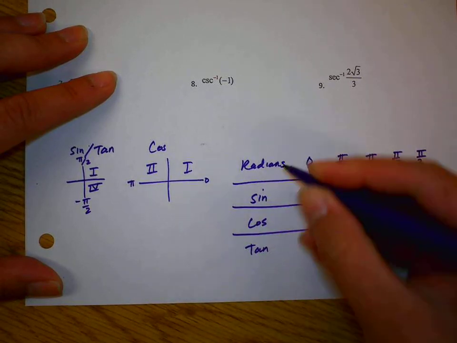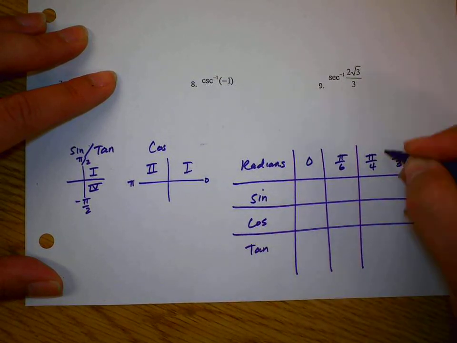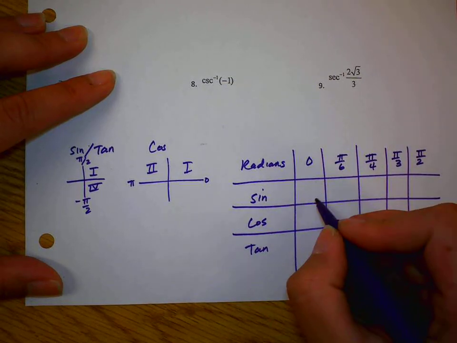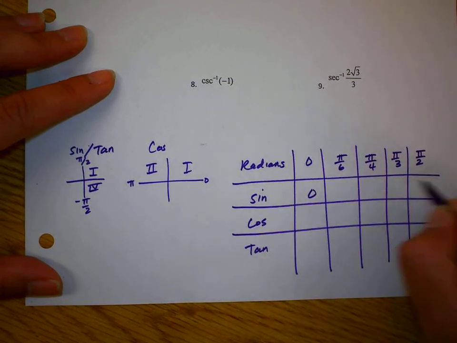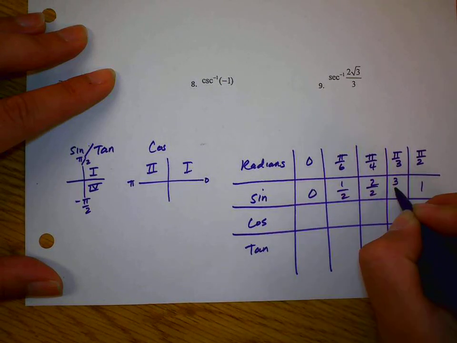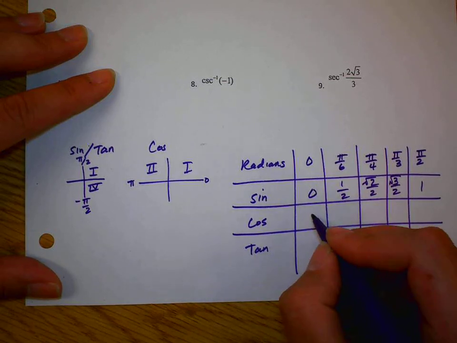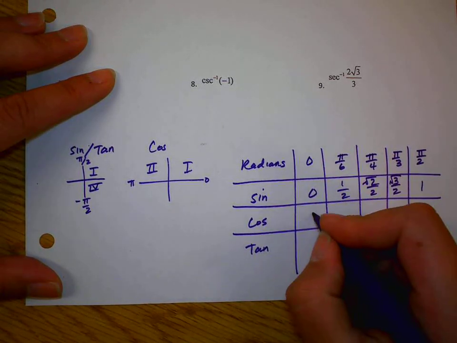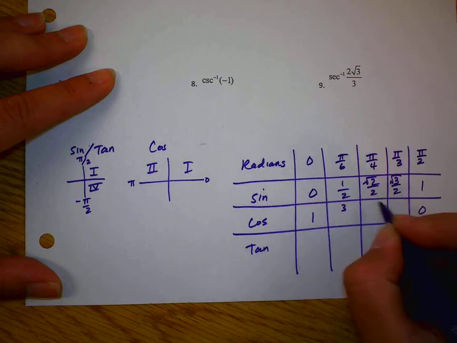Sine, remember, is going to be 0, 1, root 2, root 3, all over 2. You're going to need your roots. Cosine is going to be the other way around. We start at 1, go down to 0.